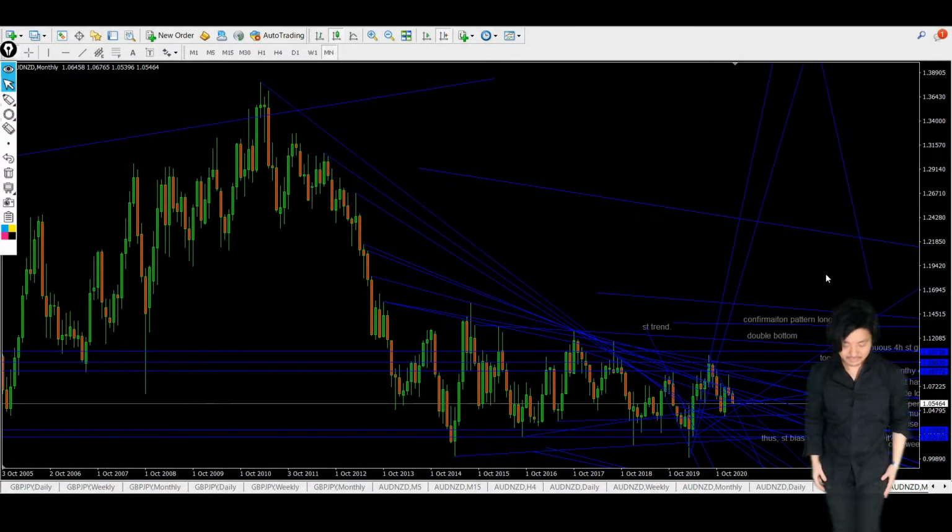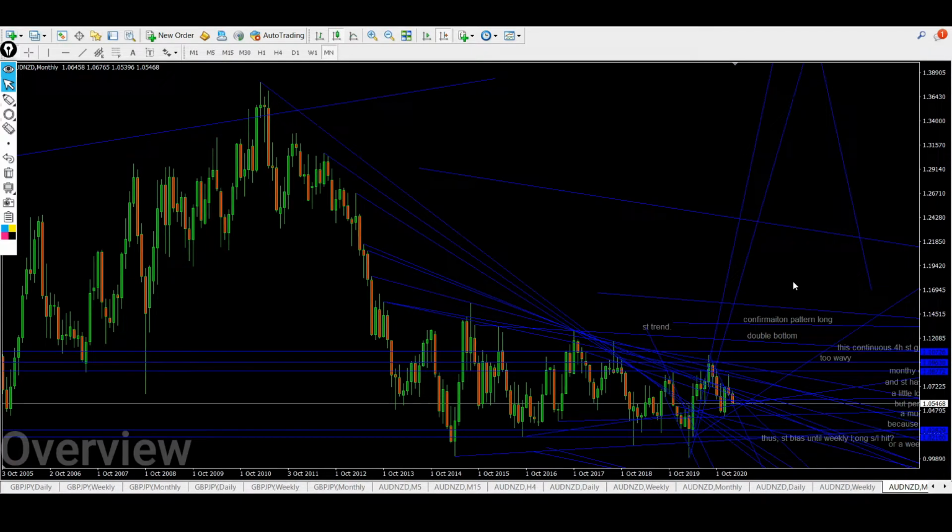Okay, this is the Aussie-NZDUSD monthly chart. The overview has changed for this pair, according to recent price action. This double bottom wasn't as strong as I thought. However, this downward trend line is still weak. So I'm still long biased in the long term, at least up to this pivot high or this trend line right here. But for the medium term, I think price is going to pull back a lot more than I expected.